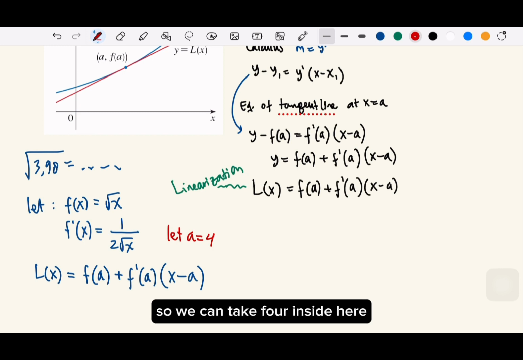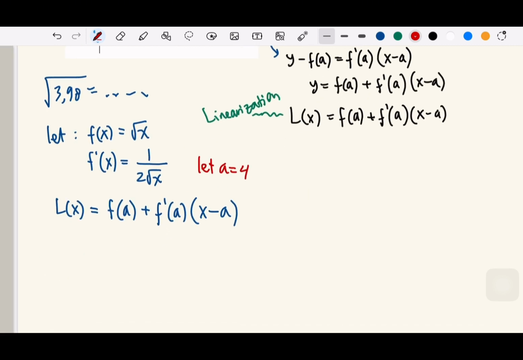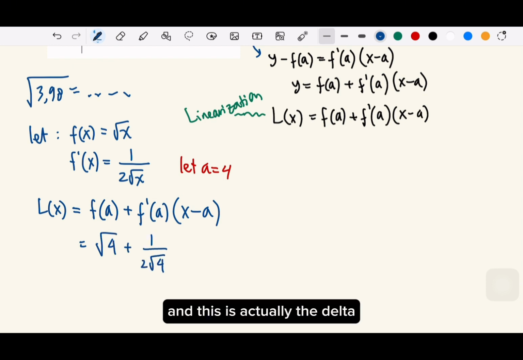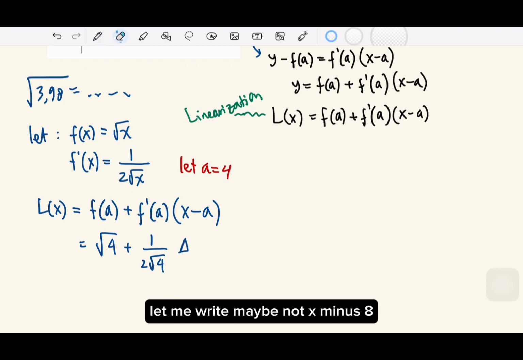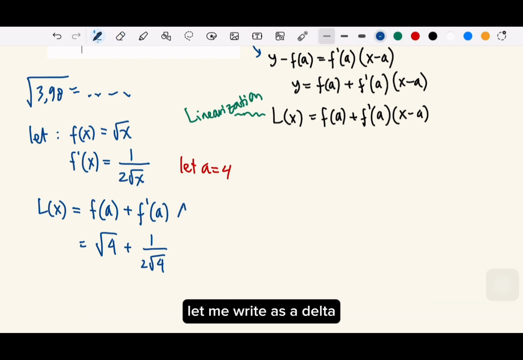So we can take 4 inside here. This is 2, so this is the square root of 4. Plus, and this is actually the delta. Let me write not x minus a, it will be confusing because of the positive and negative. Let me write it as a delta.